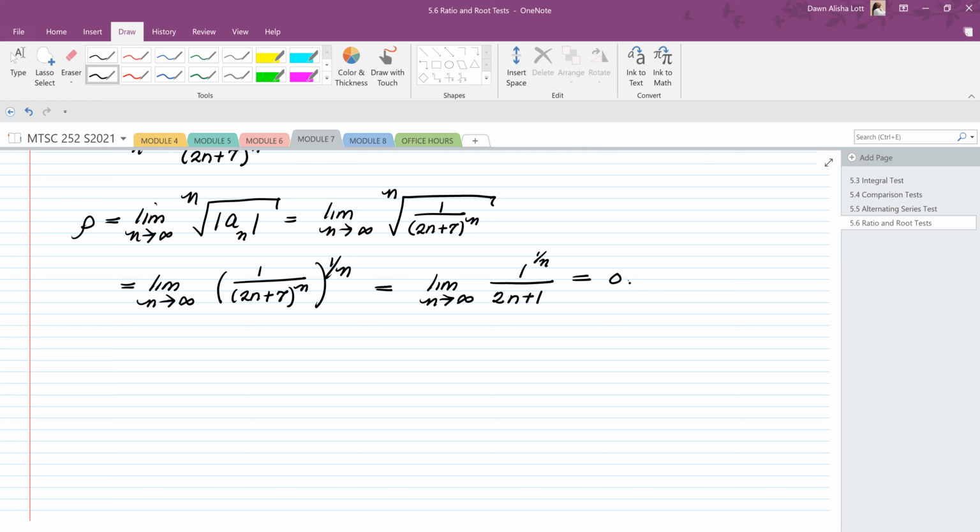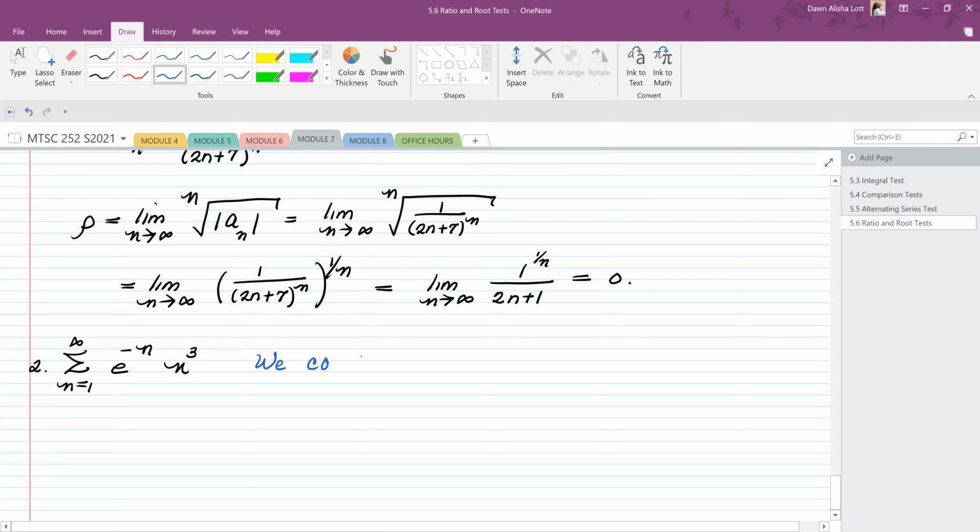Number 2, summation n equals 1 to infinity of e to the minus n times n cubed. Now, this one, I could use the integral test. Okay, we could. It's a lot of work.